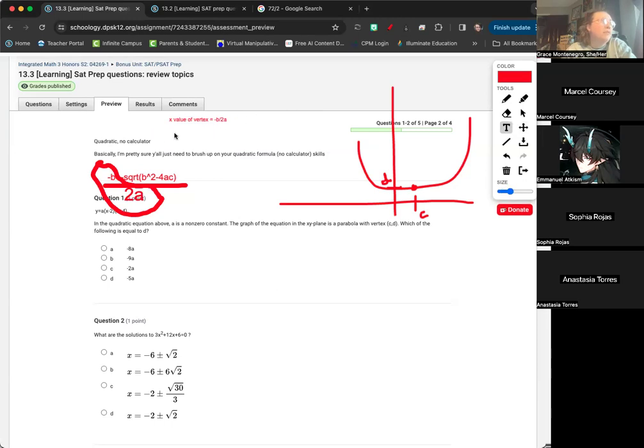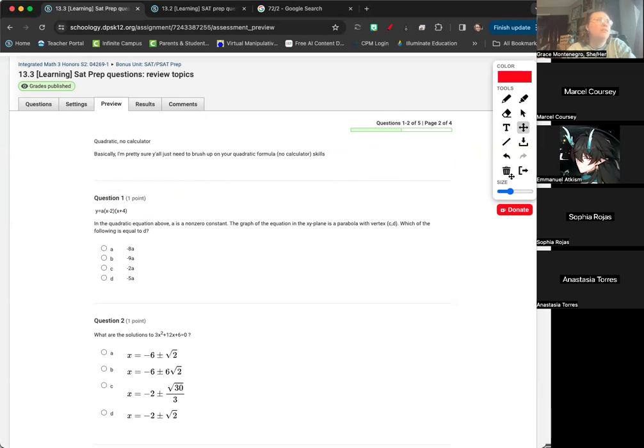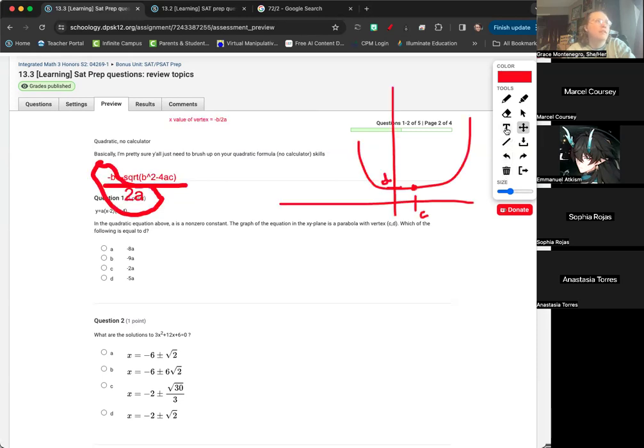To find the y value, you just have to first find the x value and then run it through the equation. And that is a number. So we've got a lot of steps to get this answer. First of all, you have to remember the equation.